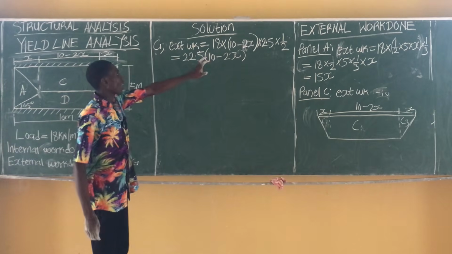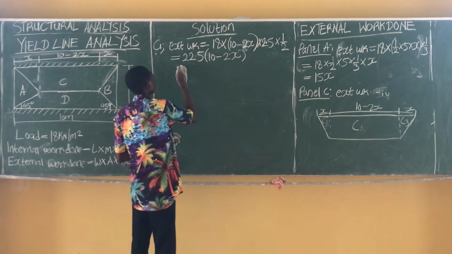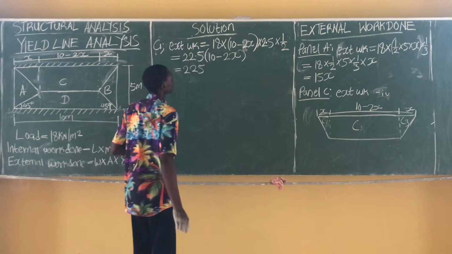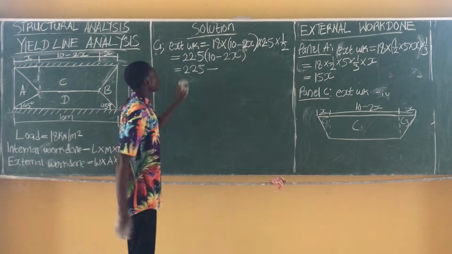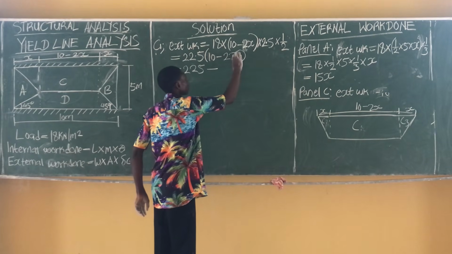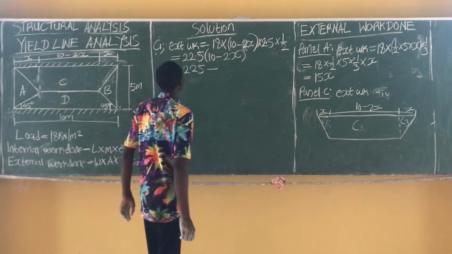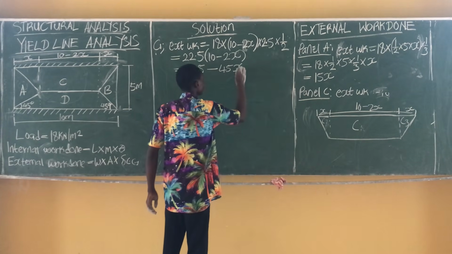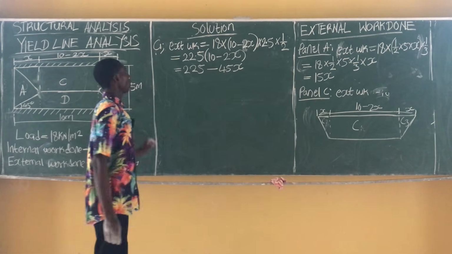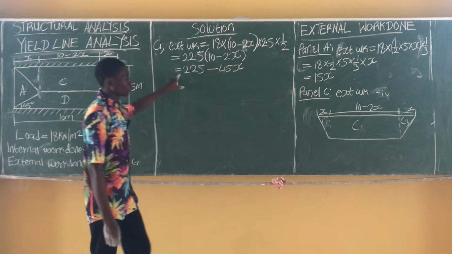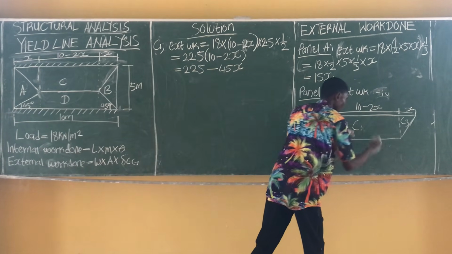So 22.5 times 10 is equal to 225, minus 22.5 times 2 will give us 45x. All right. So this is our external work done at this rectangular segment.